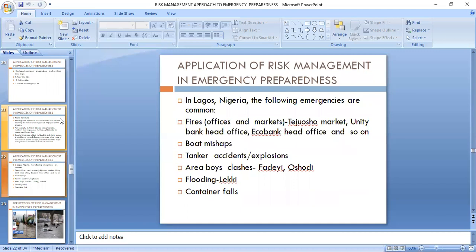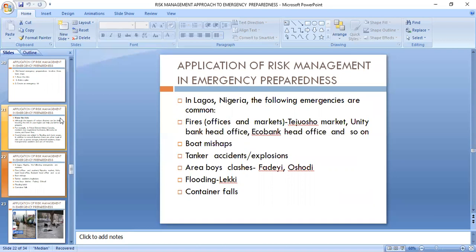In Lagos, Nigeria, for example, you have fires in offices, in markets. You have boat mishaps happening. You have tanker accidents, explosions because of the tanker that are carrying petrol. You have area boys clashes here and there. You have flooding, especially in Lekki side. Then you have container falling.